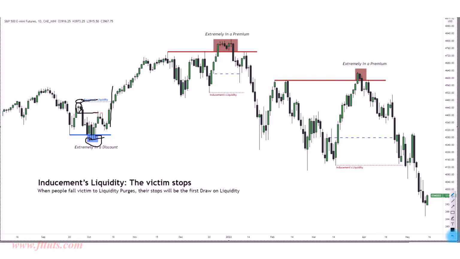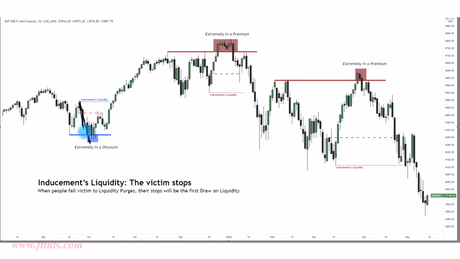So the person that sells there, order block and a fair value gap, that's a very high probability pattern, but if it's against the parent order flow, it's supposed to break. The person that sells that order block, however, where they're going to place their stop, they're going to place it here. So that's why we view this entire leg as the inducement liquidity.